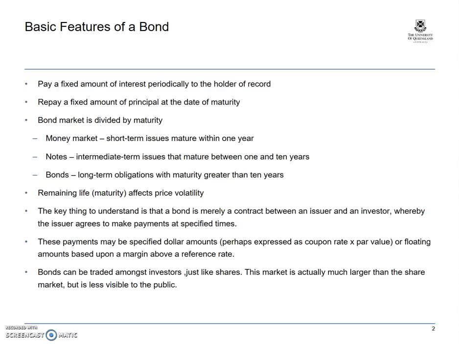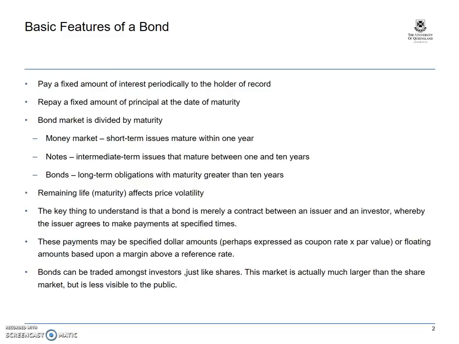So when we're looking at bond markets, one of the ways that we tend to divide the market up is that we look at the maturity of when the bonds are going to mature. So money market are short-term issues, so they mature in less than 1 year. Notes are intermediate issues, so these are between 1 and 10 years. And bonds tend to be long-term obligations with maturities of greater than 10 years.